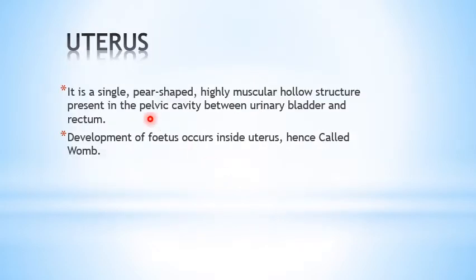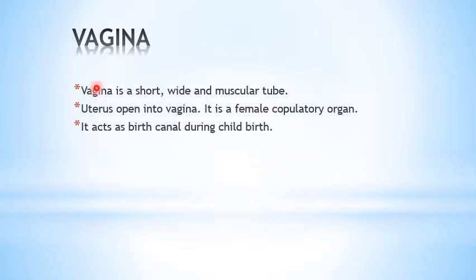The next is the uterus. It is a single, pear-shaped, highly muscular, hollow structure present in the pelvic cavity between the urinary bladder and the rectum. Development of the fetus occurs inside the uterus, hence it is called the womb. The vagina is a short, wide and muscular tube.